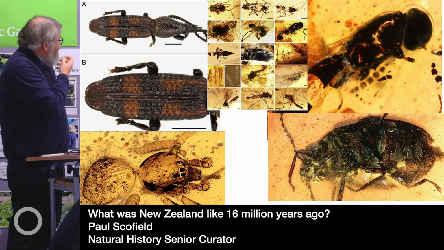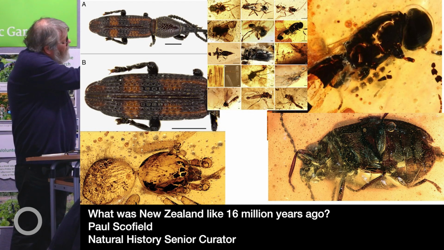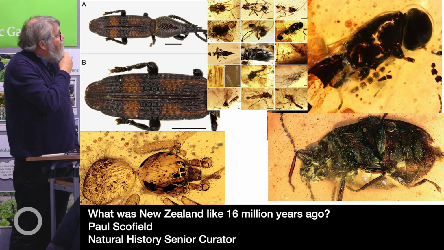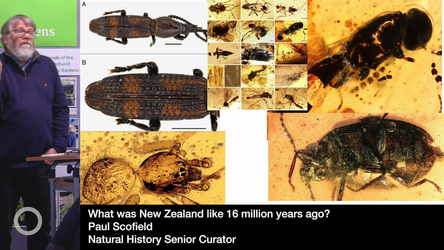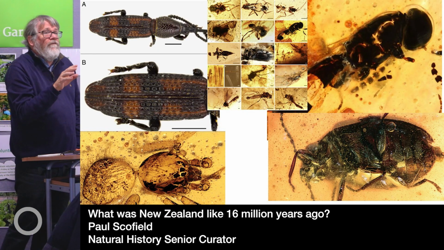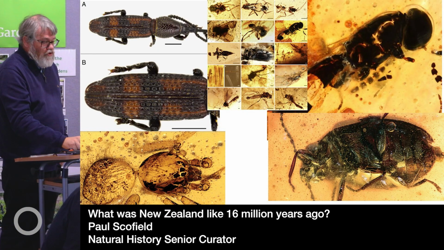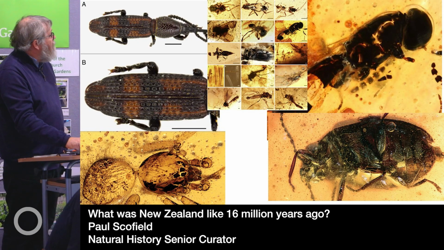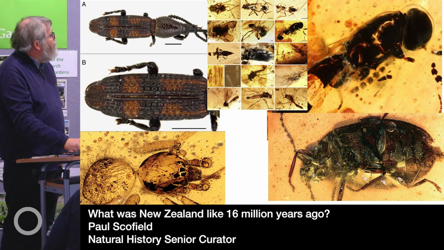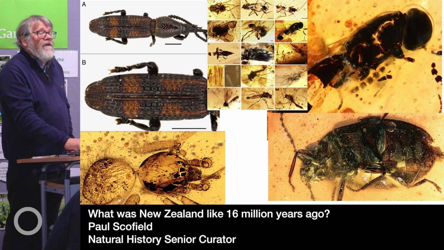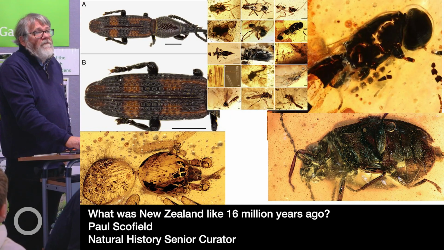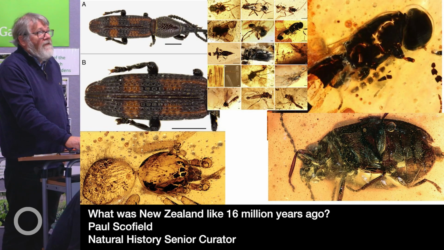It has established species of spider, wasp, ants, beetles and midges, most of which don't have any close New Zealand relative, and many of which have their nearest relatives from the tropics. So really a very different picture of New Zealand 15, 16 million years ago than David Bellamy would have led you to believe in the 1970s or 1980s.